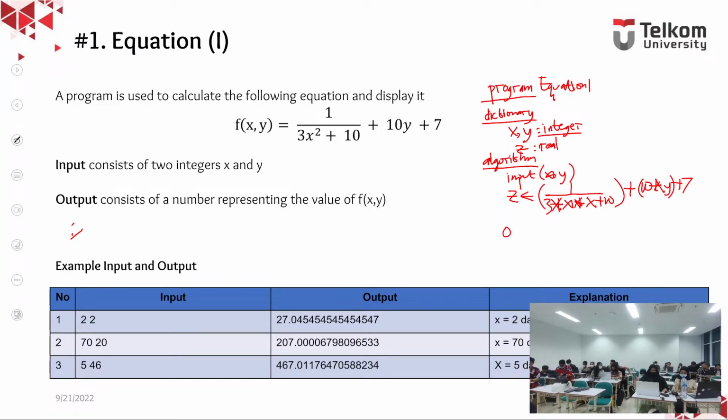And then the last instruction is output C. Okay, so this is the algorithmic notation.